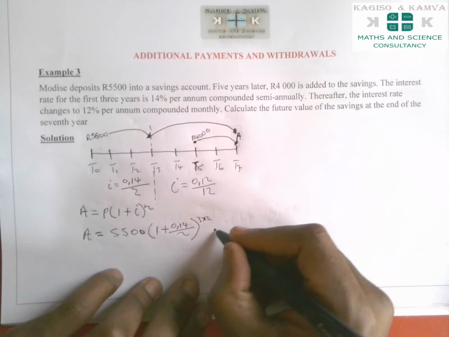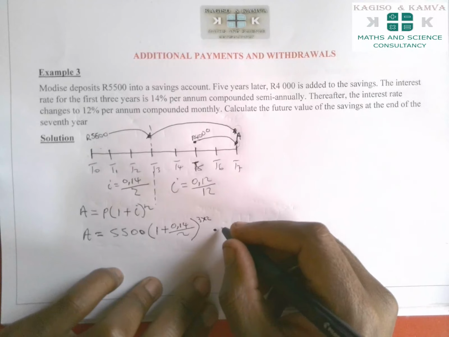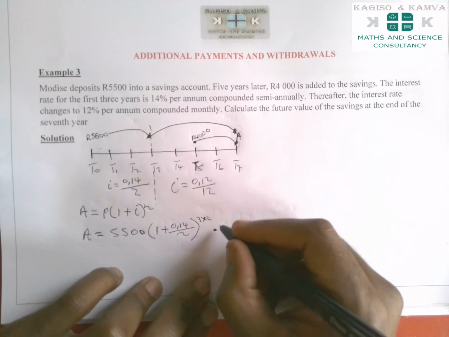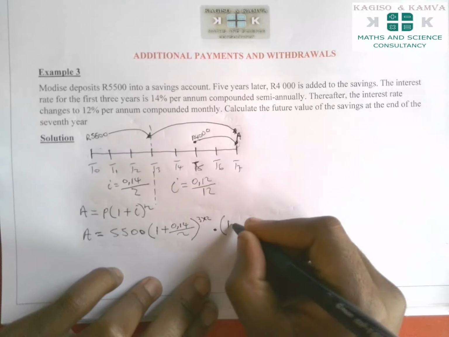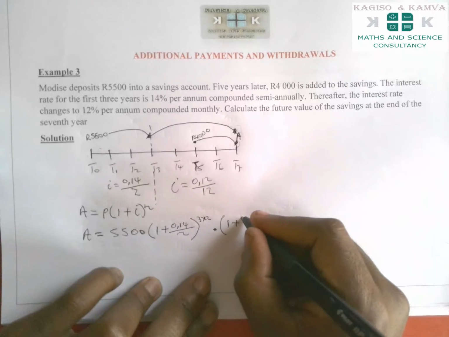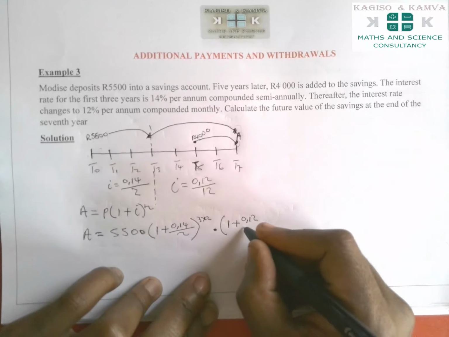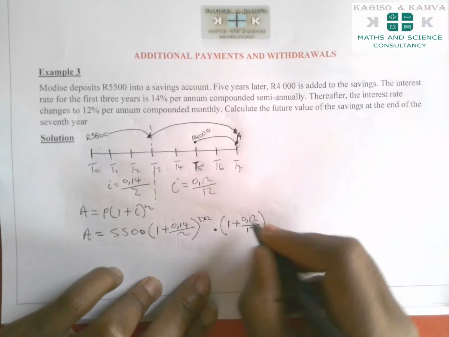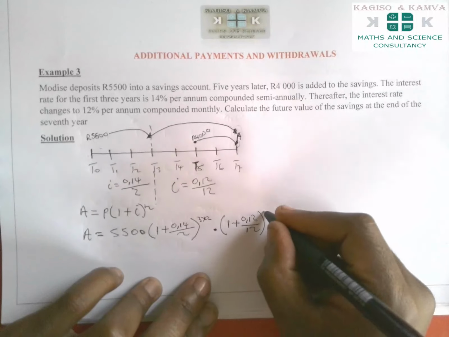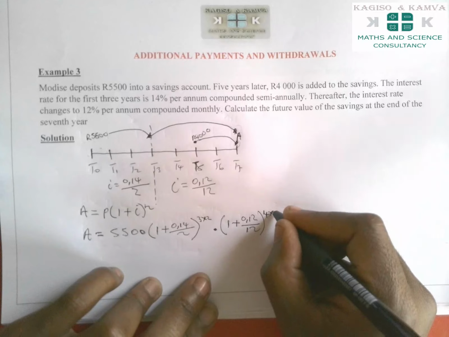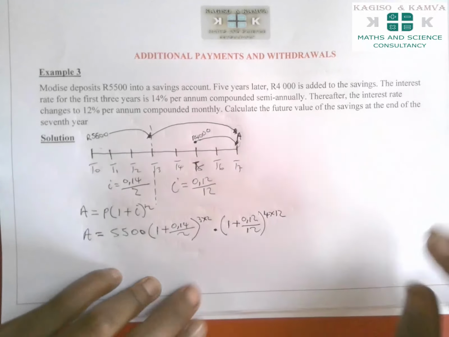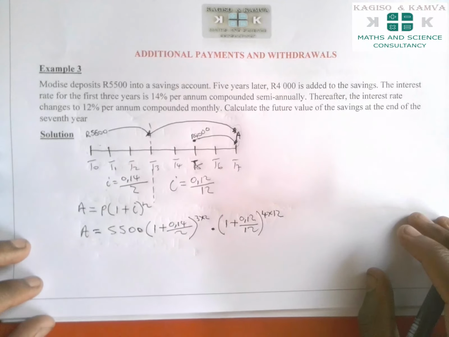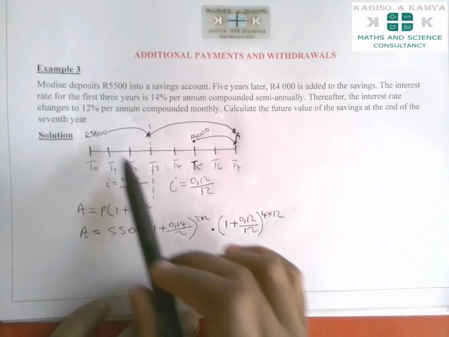I'm going to have 1 plus 0.12 over 12 for how many years now? For 4 years. 4 times 12. Okay, now I grew this one.